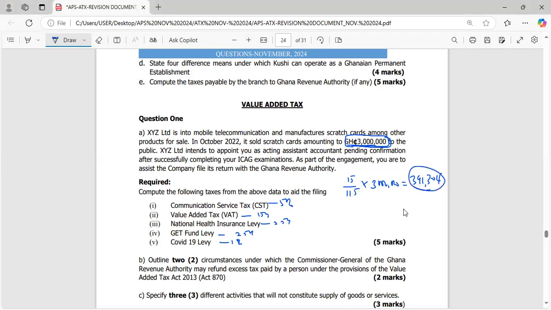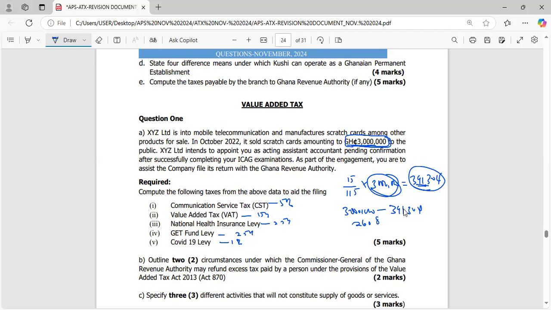Now, before you can compute the levies and the communication service tax, take the VAT out of the 3 million. So it will be the 3 million minus 391,304. How much will you get? 260,869.